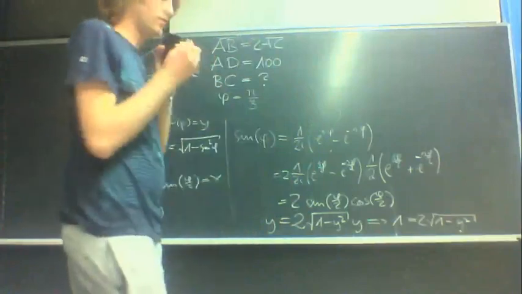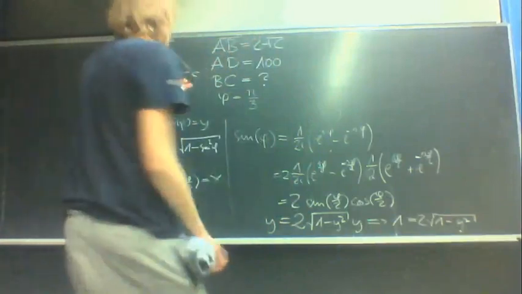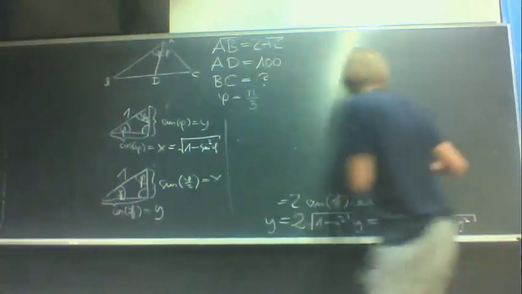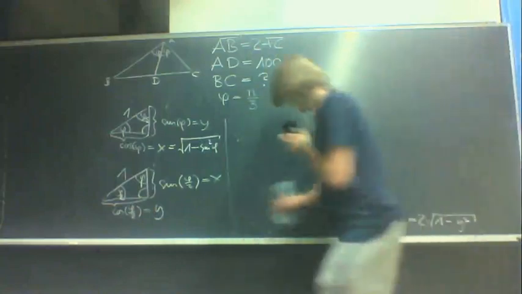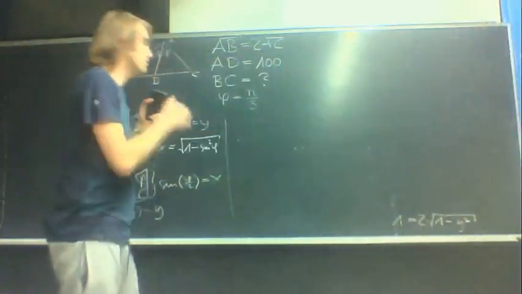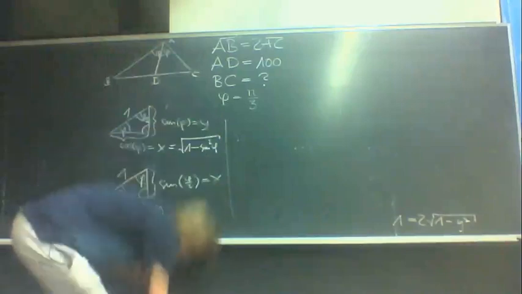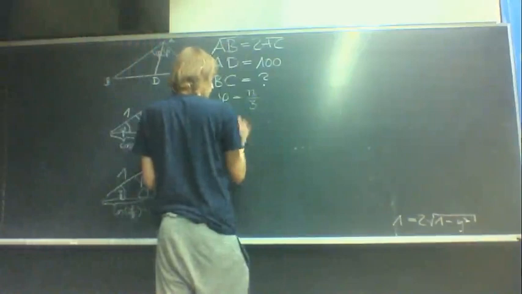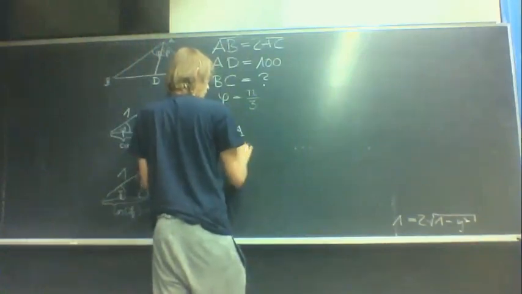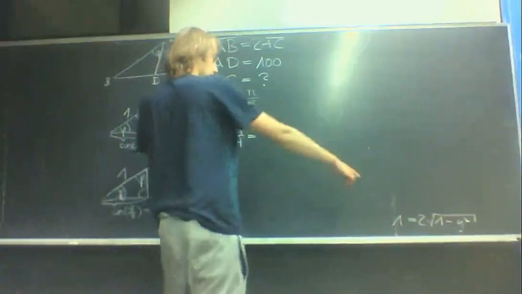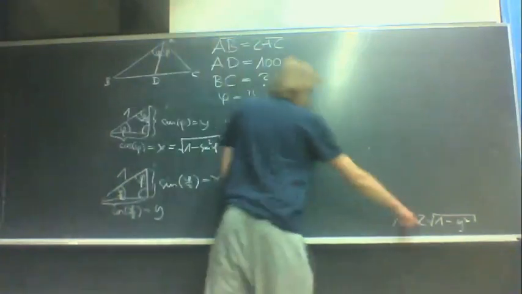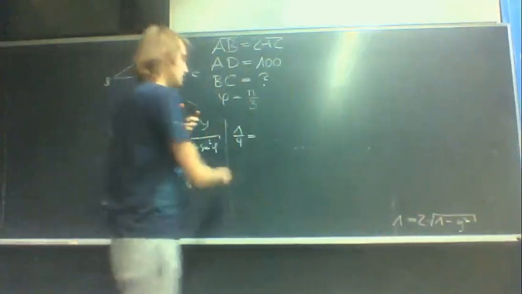And now we can solve this whole thing for y. I will just erase this. So this is the only quantity we care about. So let me just square the whole thing and bring the 2 to the left side.